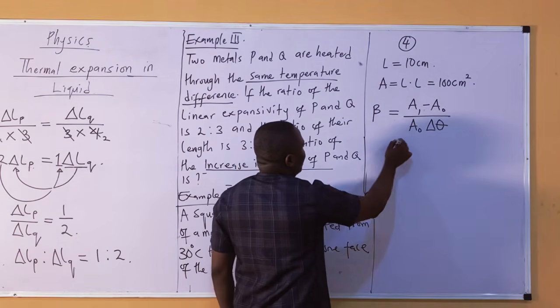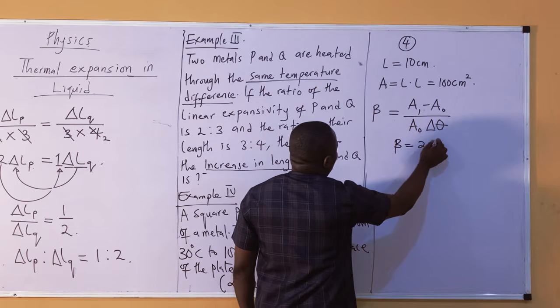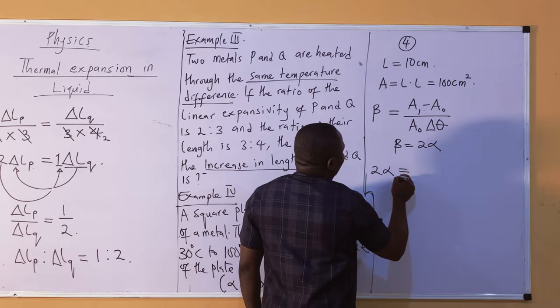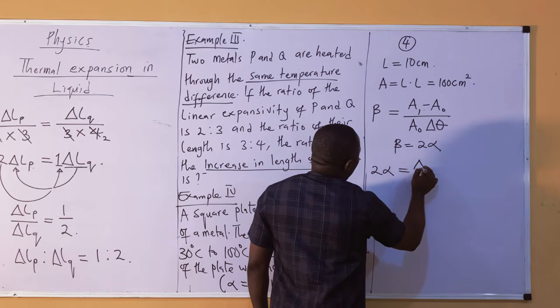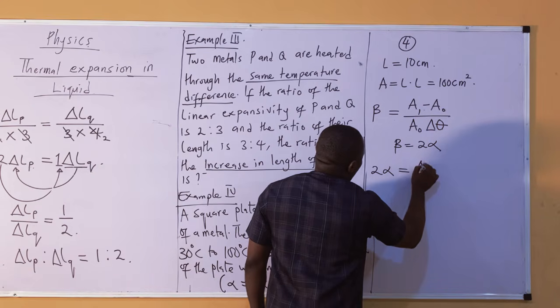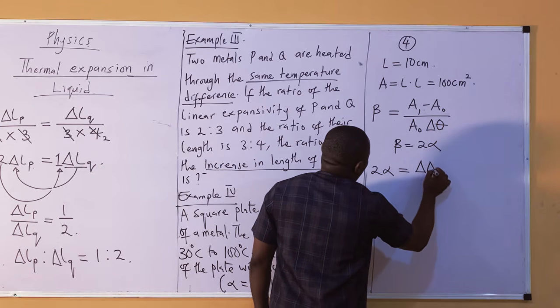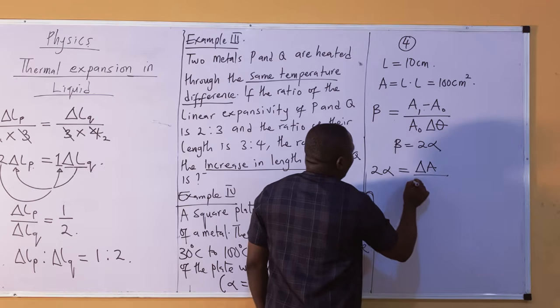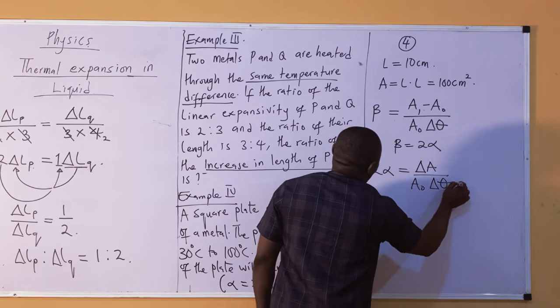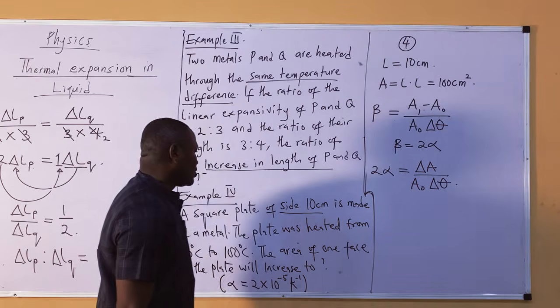If beta equals 2 alpha, I can now have 2 alpha equals change in area over original area times change in temperature. Now let's put this into consideration.